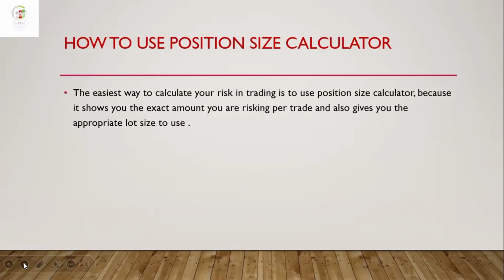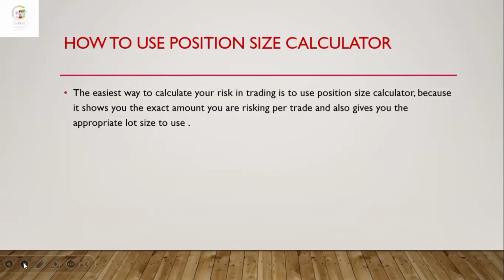So how can we calculate our risk in forex? Is to stick to the position size calculator. The easiest way to calculate your risk in trading is to use the position size calculator, because it shows you the exact amount you are risking per trade and also gives you the appropriate lot size to use on that particular trade.